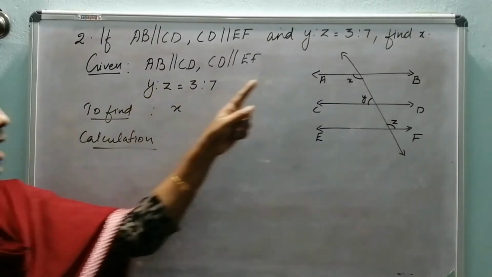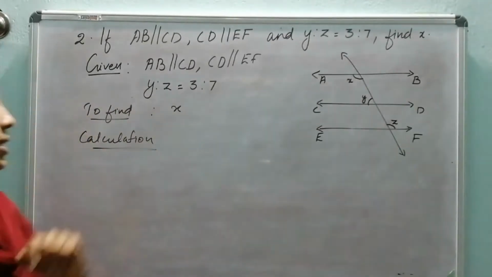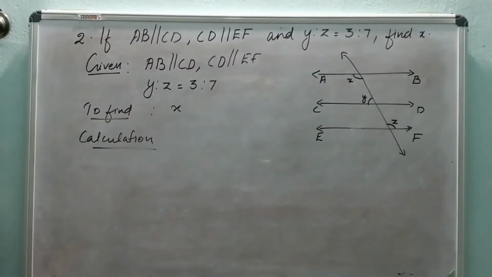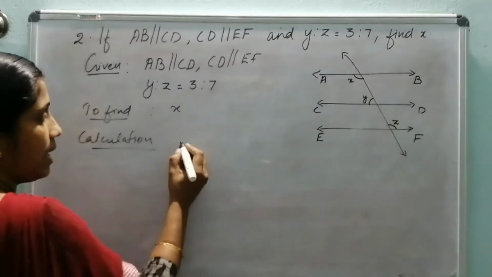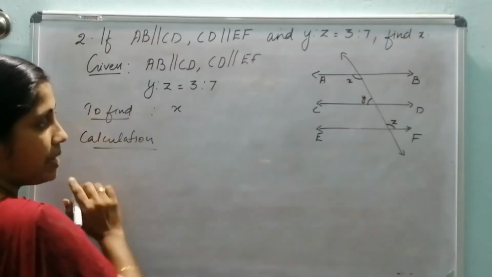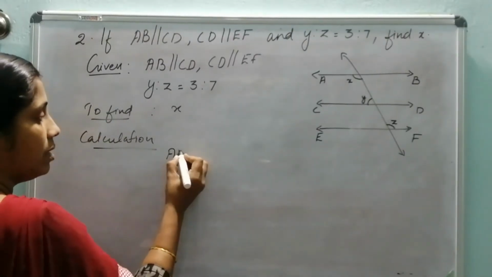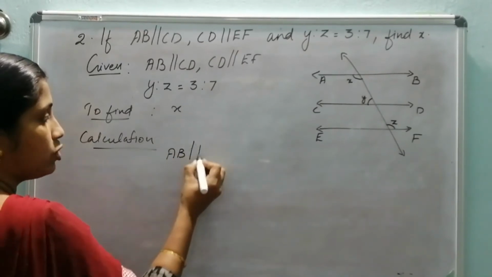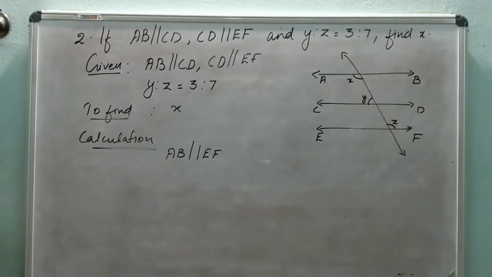AB parallel to CD, CD parallel to EF, and y is to z is equal to 3 is to 7. The ratio is given there. Then, since AB is parallel to CD and CD is parallel to EF, we can say that AB is parallel to EF.